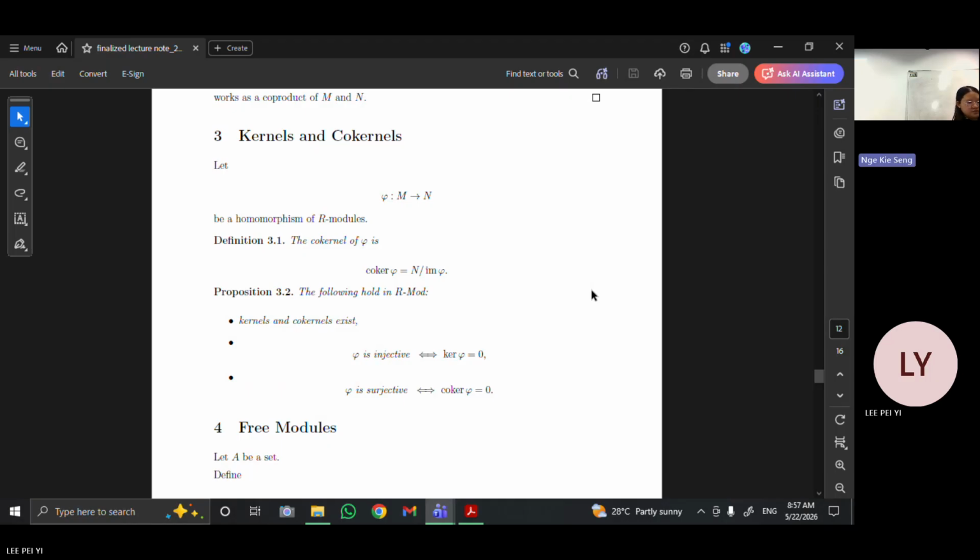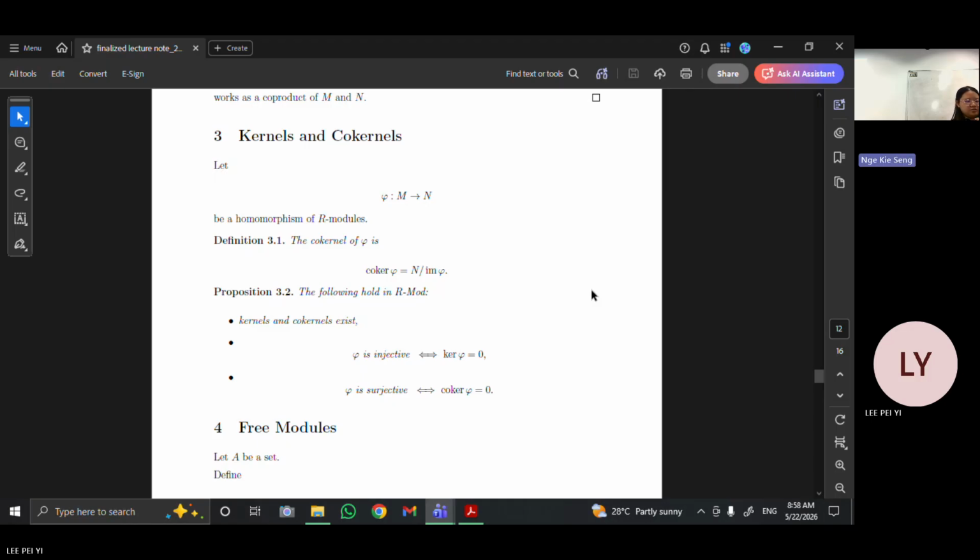And the proposition: the following holds in R-Mod. φ is injective if and only if the kernel is 0, and φ is surjective if and only if the cokernel of φ is 0.